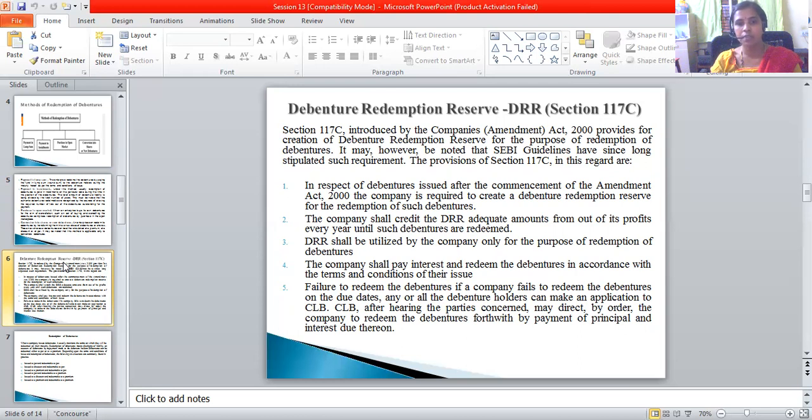The DRR shall be utilized only for the purpose of redemption of debentures. The company shall pay interest and redeem the debentures in accordance with the terms and conditions of their issue. On failure to redeem the debentures, the debenture holders can make an application to the Company Law Board.